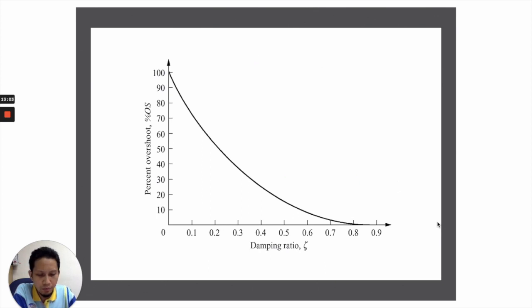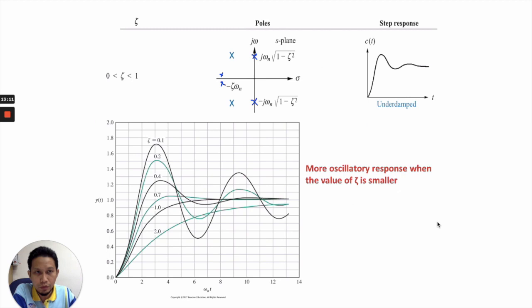As you can remember from the last lecture, we have this plot over here, the relationship between zeta and percentage overshoot. You can see here when we have a small value of zeta, let's say zeta 0.1, the value of zeta is very small, and the percentage overshoot for this is very large.